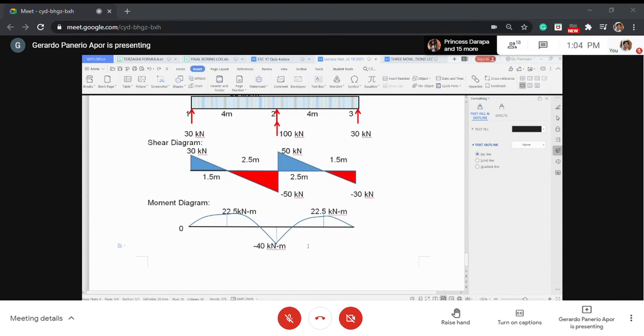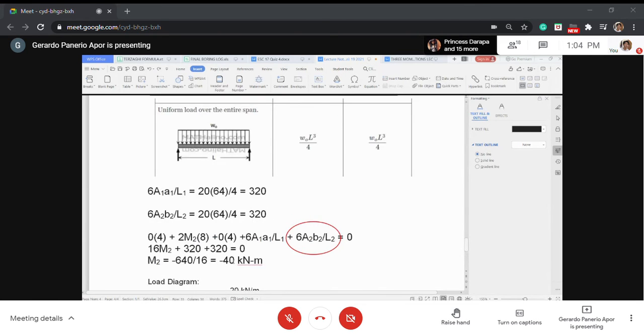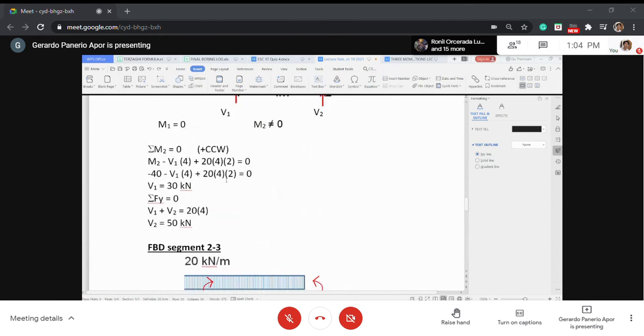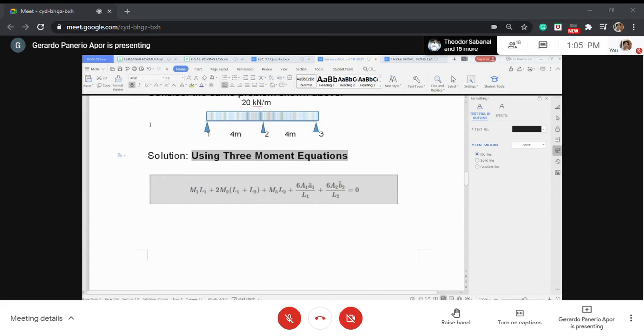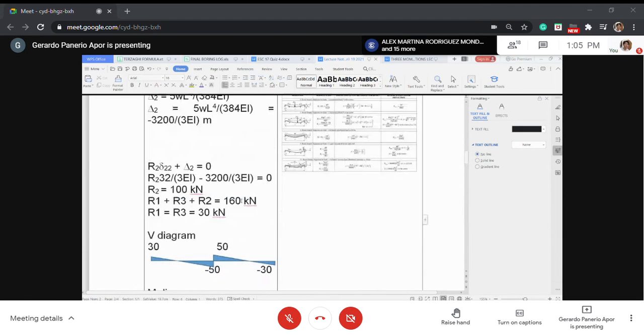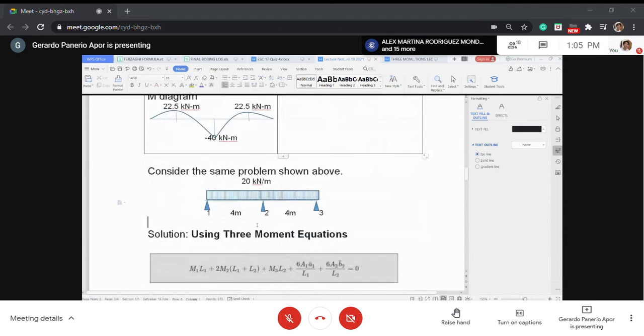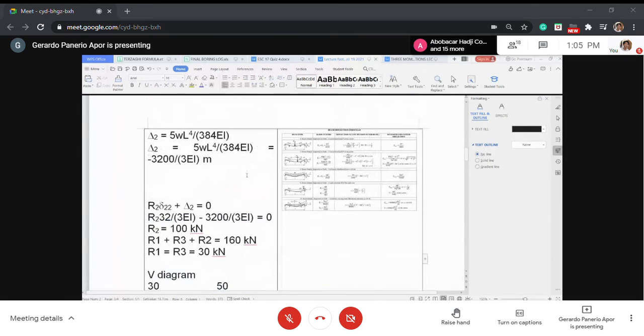As analyzed using the three-moment equation, using this one, and we found out that the one we solved before is the same. Only that here, the method of consistent deformation first gets the reaction, because we let the middle reaction be the redundant support.